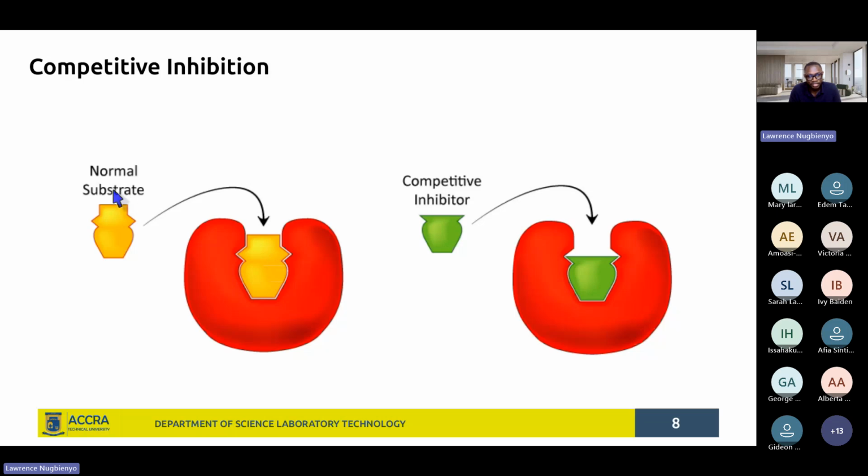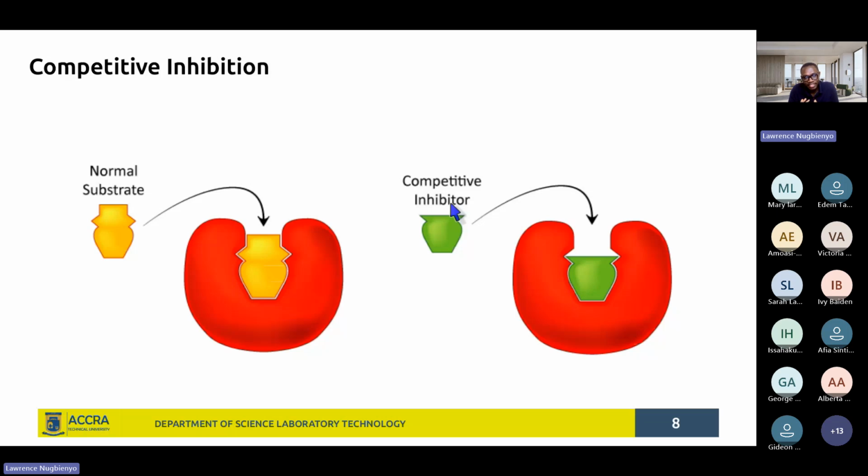So you have a normal substrate that binds to the active center of an enzyme. Then you can have an inhibitor, which is a competitor to the normal substrate. So you see that the inhibitor has a similar structure to the normal substrate. So that is why it's a competitor.